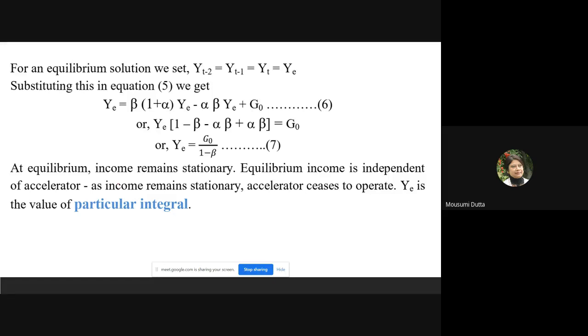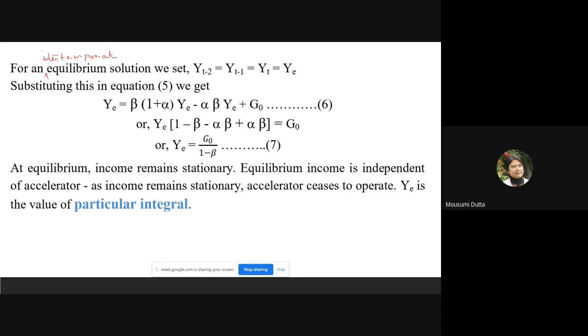Here the concerned variable is Y, so we need to find the equilibrium value of Y. For an intertemporal equilibrium solution, we set Yt minus 2 equal to Yt minus 1 equal to Yt equal to Ye.